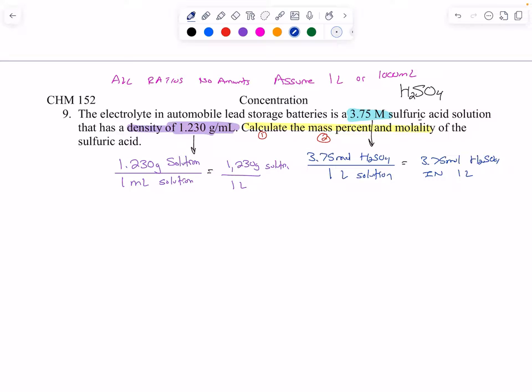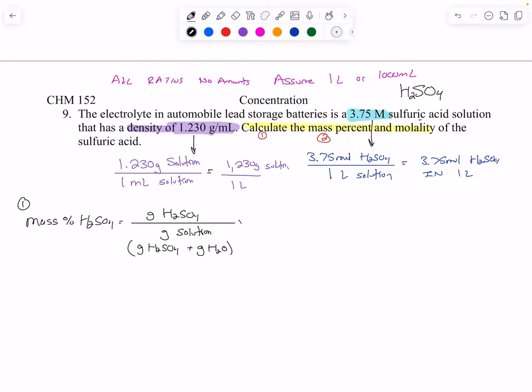So mass percent first. That's the mass percent of H2SO4. That's going to be grams of H2SO4 over grams of solution, which is the grams of H2SO4 and grams of water.